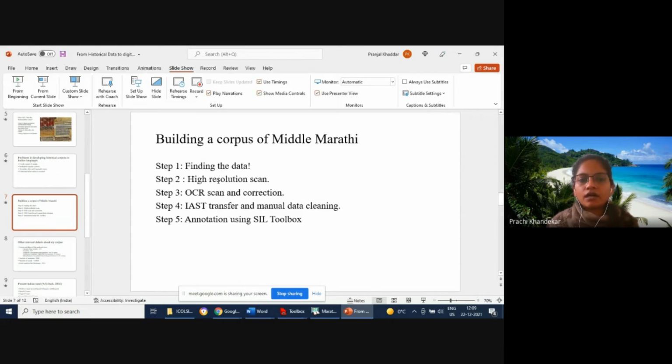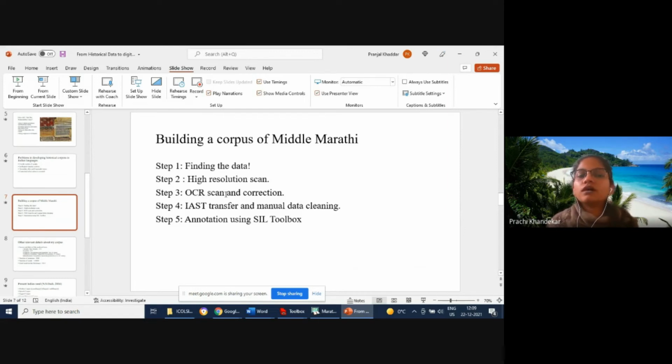So I had hard copies, so I had to go to a commercial facility. It can't be done on our household domestic scanners or phone scanners, because they need a minimum resolution of 400 to 600 dpi. So I got that done at a commercial facility at Nehru Place in Delhi. Once that was done, I got access to a Marathi OCR.